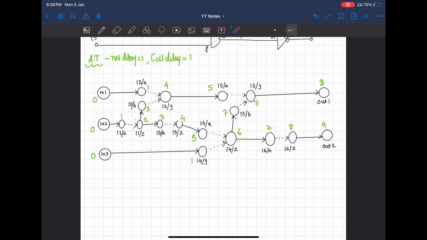Just remember that you considered 0 as your initial timing constraint, and every net delay and cell delay is 1, just a simple one.